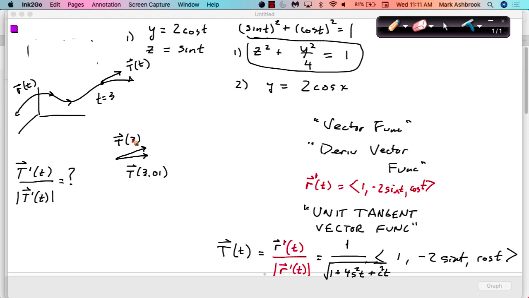So what vector would that be, pointing up or down? Down. Final minus initial will be this vector right here. So this is kind of like dT, the change in that T vector as you let the parameter little t increase a little bit.